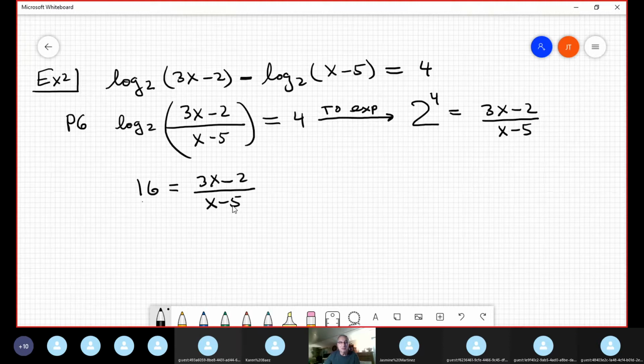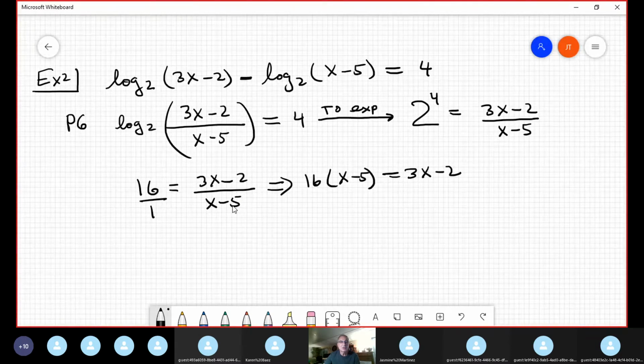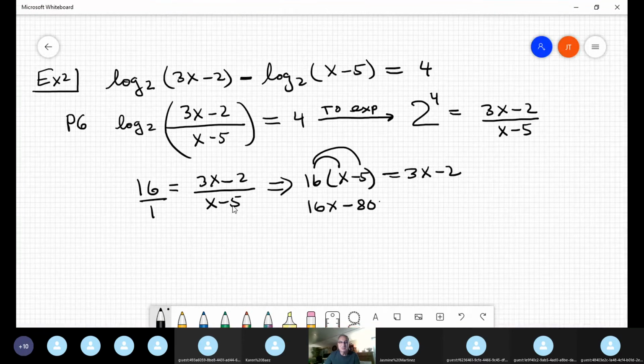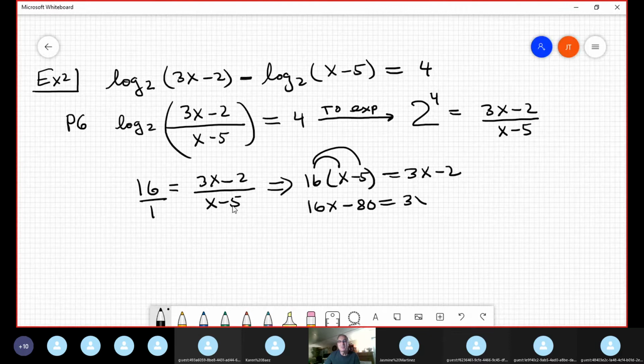Because you apply now cross multiplication, you apply 16 times x minus 5 is equal to 3x minus 2 times 1. The 1 is invisible. And you apply the distributive property: 16x minus 80 is equal to 3x minus 2.